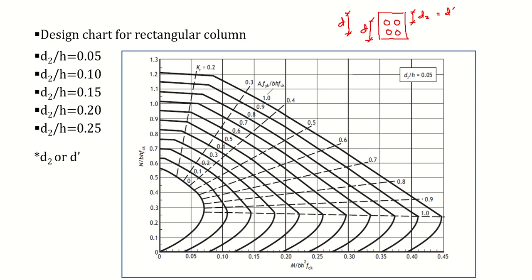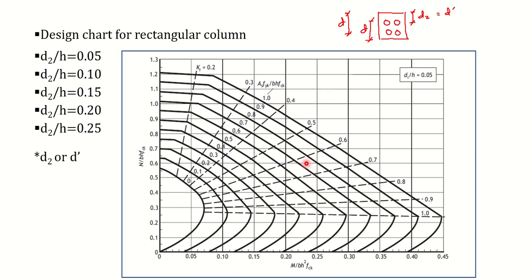Some books use D2 over H, or D prime over H, but some books use D over H. If it is just D over H, it will be 0.8 something, 0.82 or 0.85. But it is the same thing. Just refer to what the chart wants, whether it is D2 over H or D over H. It will give you the same chart.